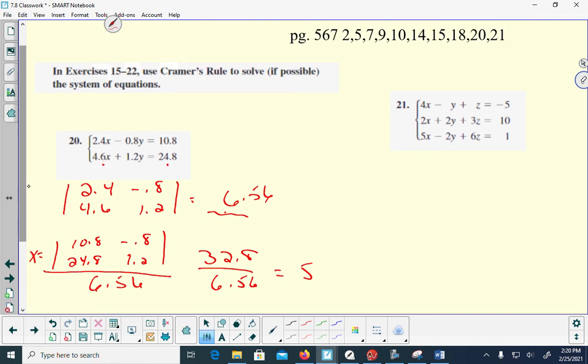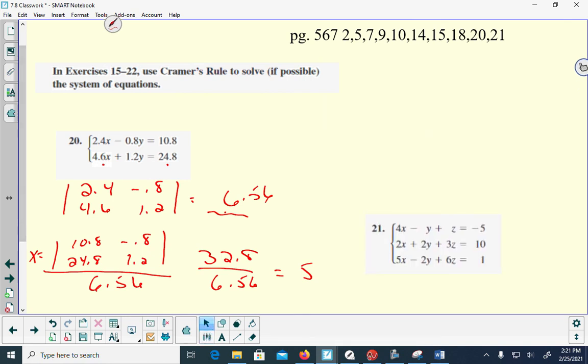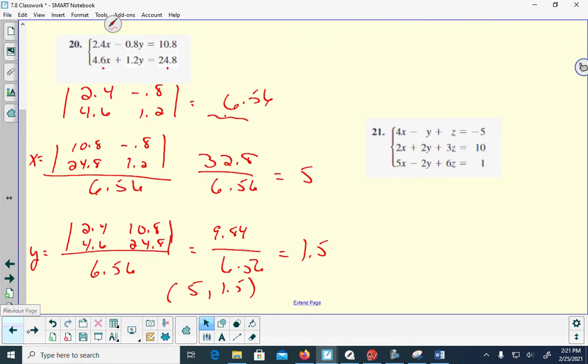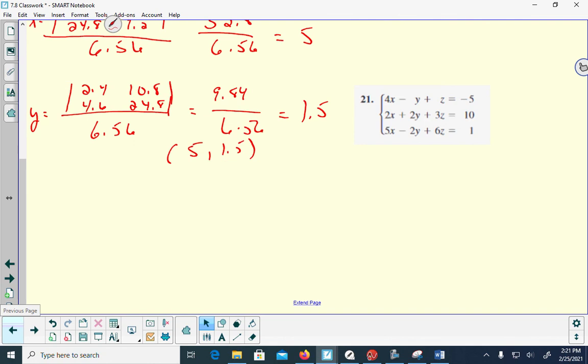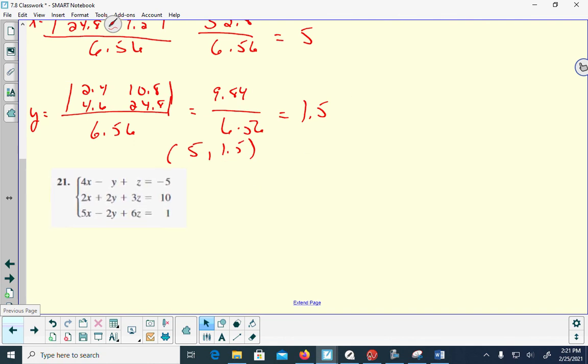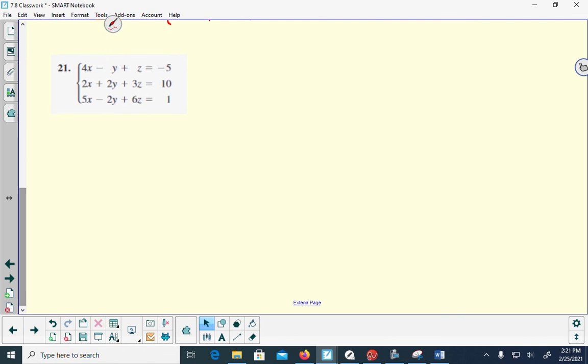So this next one is a 3 by 3. I'm going to do this on the calculator, but now I have to find my x, my y, and my z. To do that, I am going to have to do 4 determinants: a determinant for the coefficients, a determinant for the x's, a determinant for the y's, and a determinant for the z. So I am going to do my coefficient matrix first: 4, 2, 5, negative 1, 2, negative 2, 1, 3, and 6. And I'm going to go find that real quickly.